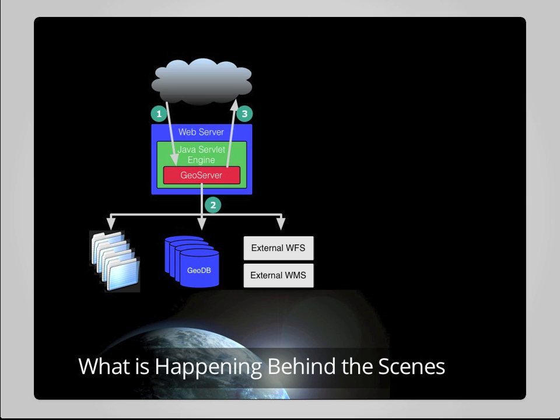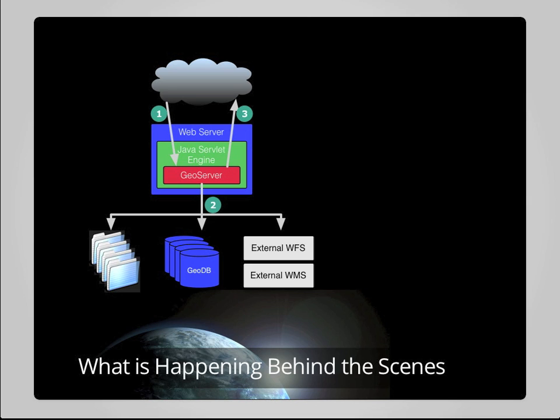As we think about the interaction between clients out on the internet and the GeoServer application environment, you can think of it as a sequence of exchanges that pass through components of the software and network system.